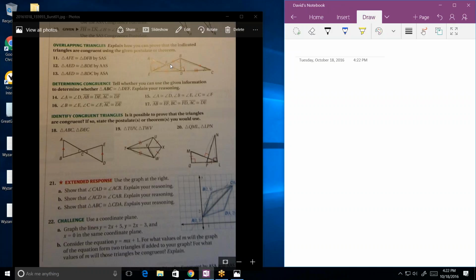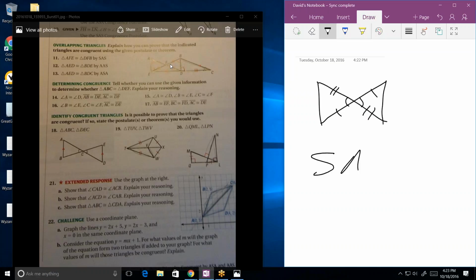No, here, if I have two angles like this, let me draw a picture. I know that's equal to that, and that's equal to that. Well, I know that that's equal to that because they're vertical angles. Oh, yeah. And that makes side, angle, side. You always read it in the direction that they're the closest together.